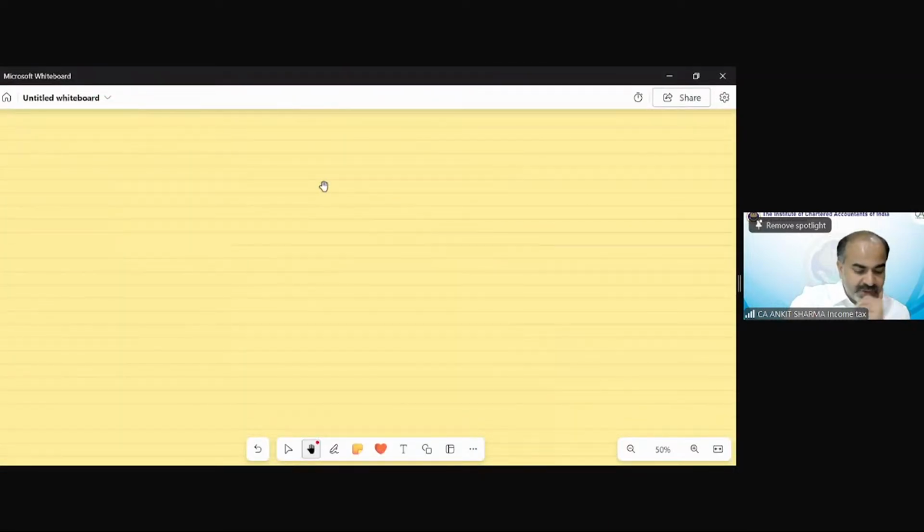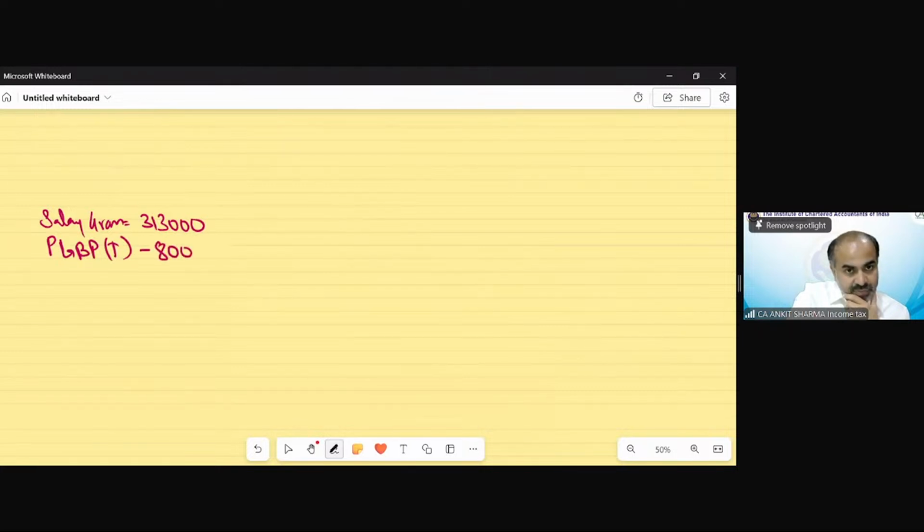So income information has been given. That is salary, gross 3,13,000. That loss from business activity, PGBP trading, that is 80,000. Then there was casual income, which was 3 lakh.